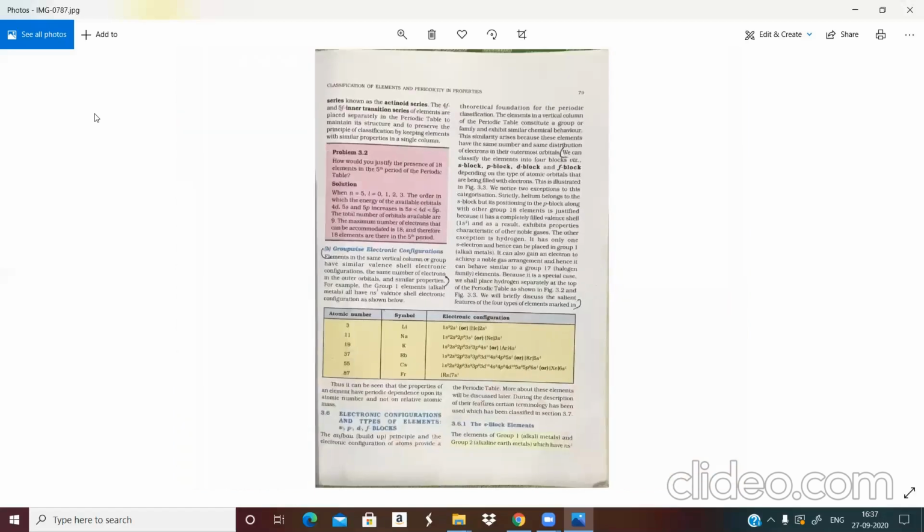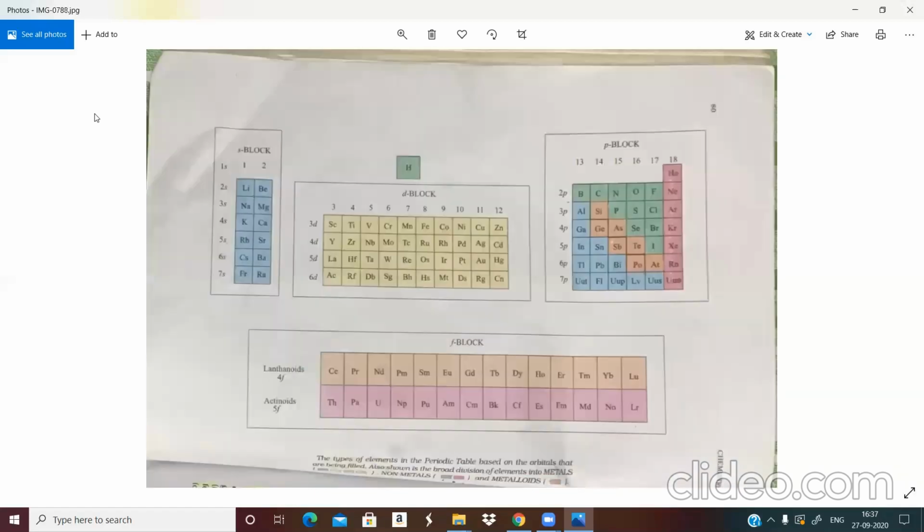So the S block elements are the elements of group 1, which are called alkali metals, and group 2, alkaline earth metals. You can see at the left side corner alkali metals and alkaline earth metals, and they have the ns1 and ns2 outermost electronic configuration.